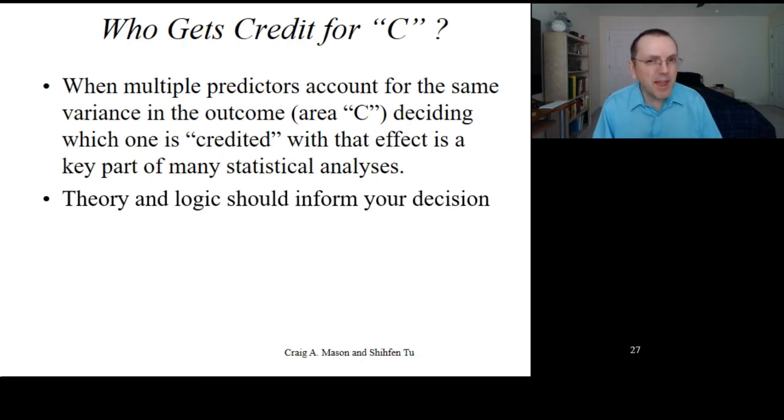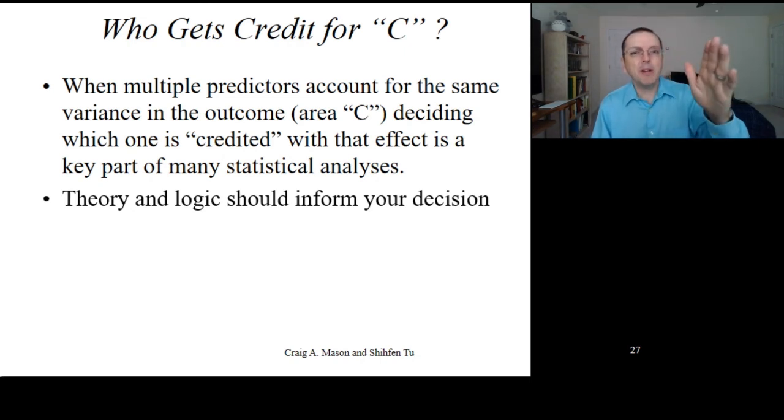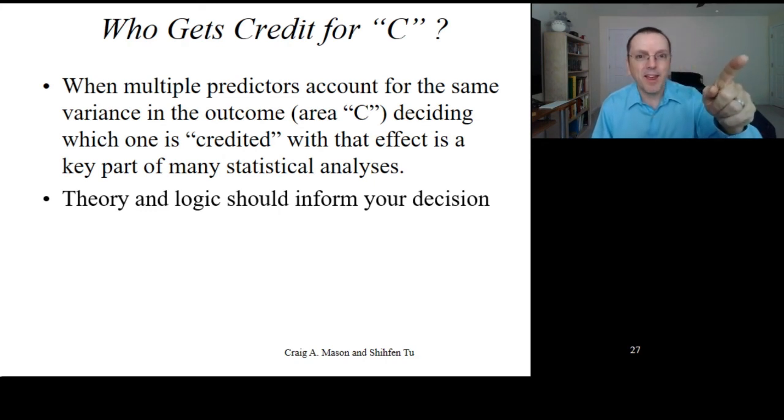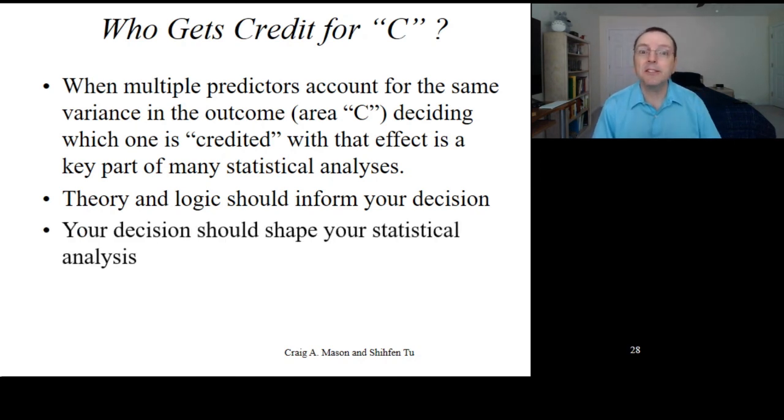You don't want to be that person who says, I believe the overlapping variance is due to this variable, and have all your colleagues say, what are you talking about? Clearly the research shows that it's due to that variable. I've seen that happen, and it is not pretty. It's also why you need to know your statistics.